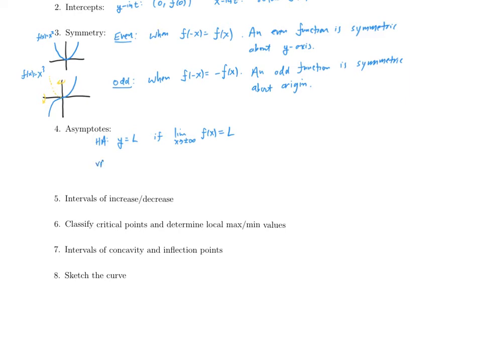Vertical asymptotes, on the other hand, are going to be lines of the form x equals a. And x equals a is a vertical asymptote if one of a few possible limits are satisfied. The limit as x approaches a from the left of the function is equal to plus or minus infinity, or the limit as x approaches a from the right of the function is equal to plus or minus infinity.